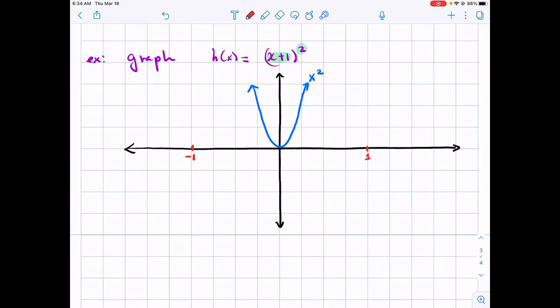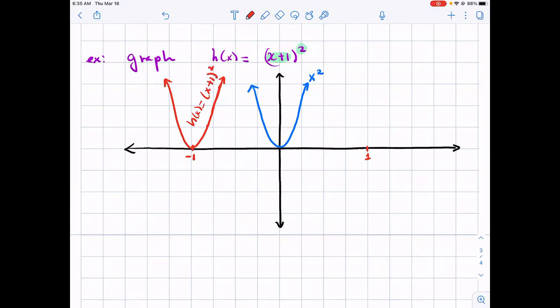You will notice that your graph will now look like this. And this is the graph h of x equals x plus 1 squared.